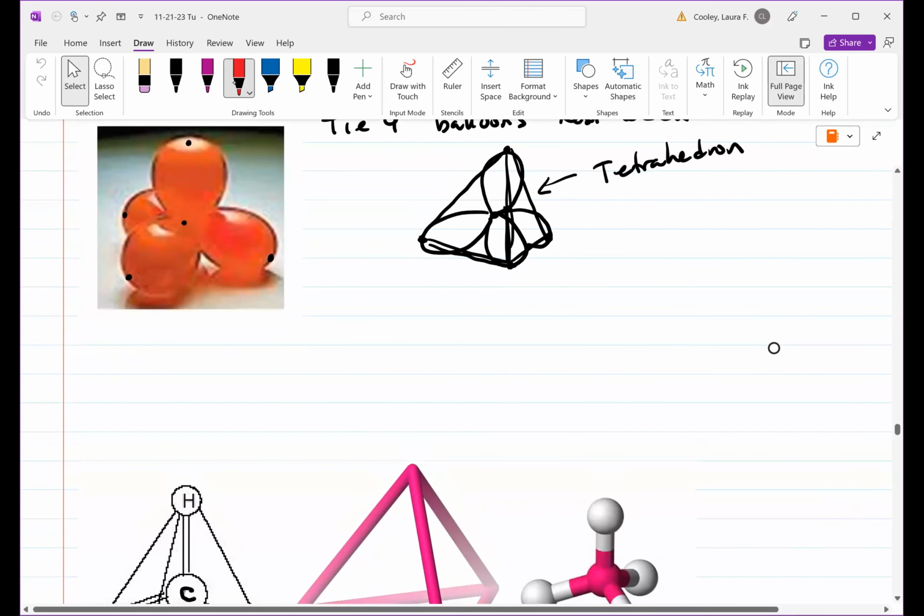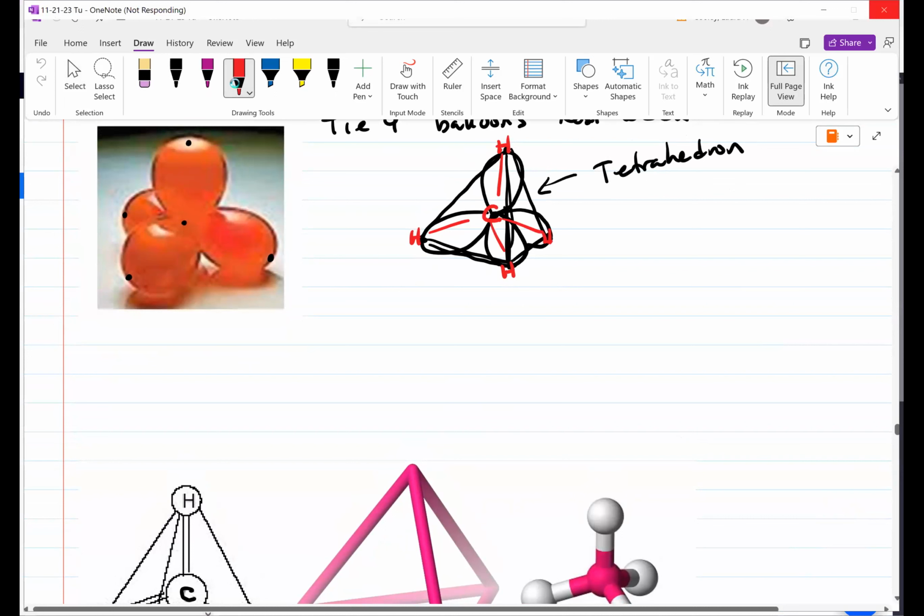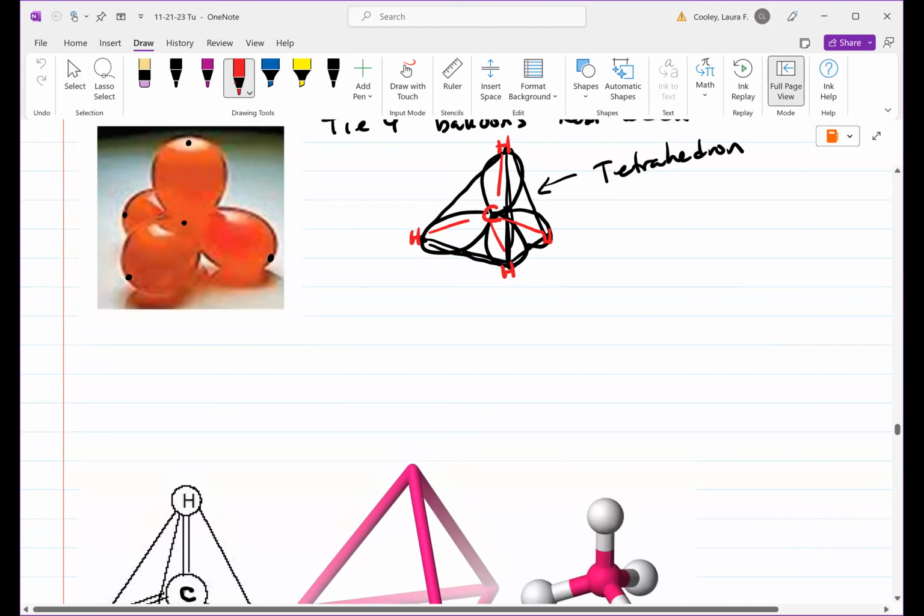So like I said, this is the carbon in the center, the hydrogens on these ends. So you have this. I'm just showing you some of the different ways that we can represent this molecule.